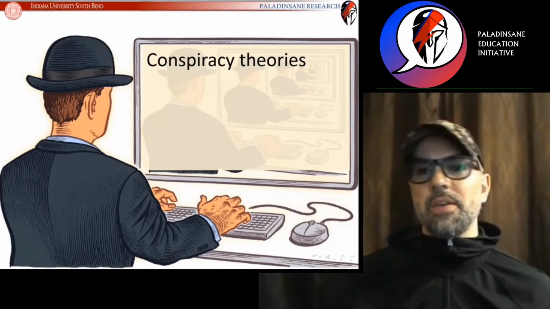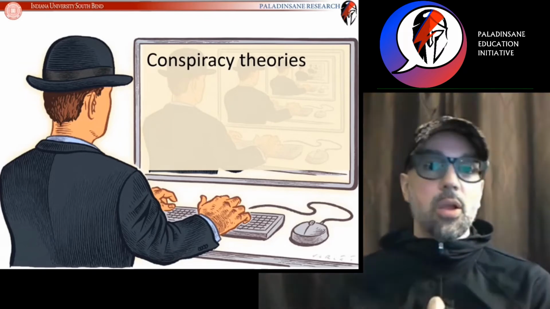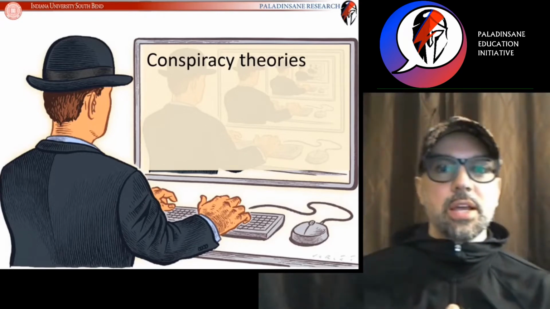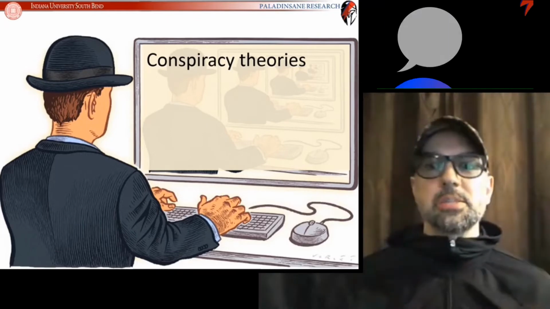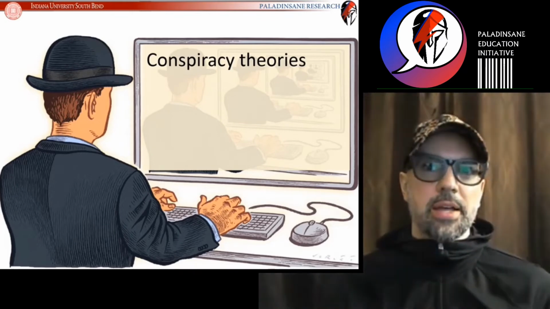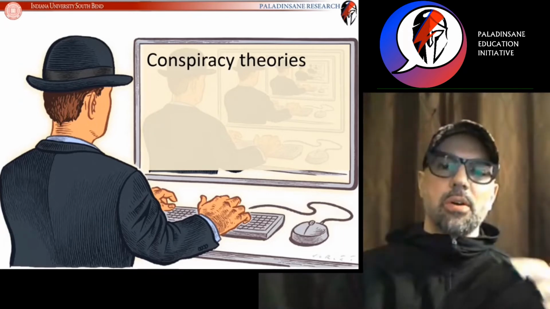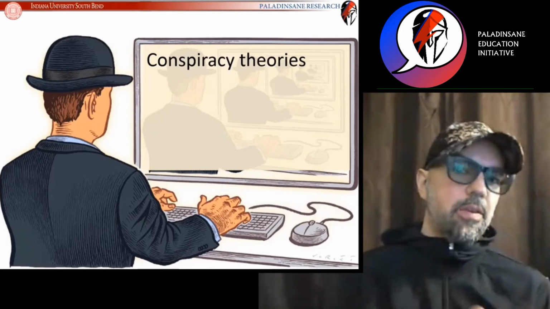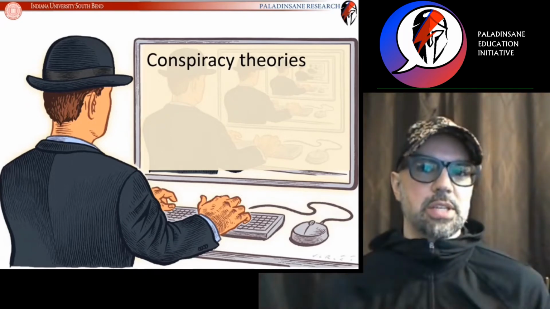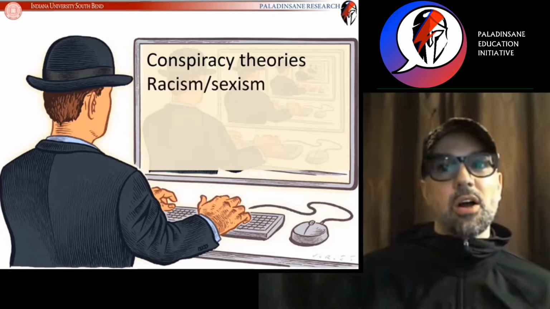So if you believe in a flat earth, if you have conspiracy theories about the hollow earth hypothesis and the reptilian overlords that are ruling our world, all of these conspiracy theories can be spread and are spread more easily because of confirmation bias, because they require focusing only on a few details or subsets of information that confirm the idea that you already have, rather than looking at all of the information that is presented. This is especially true in racism and sexism and basically all the other isms.